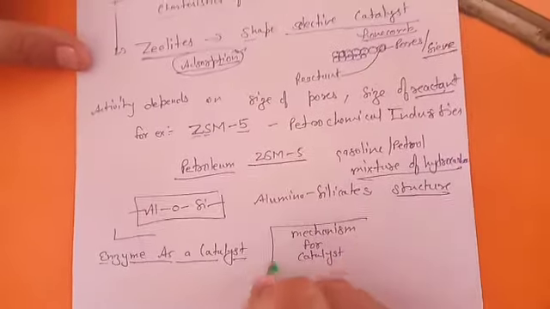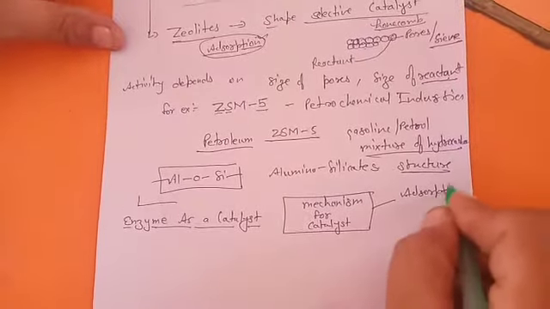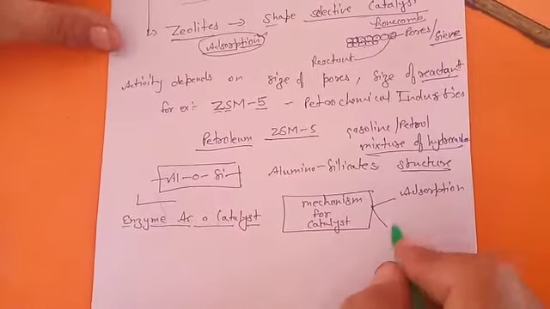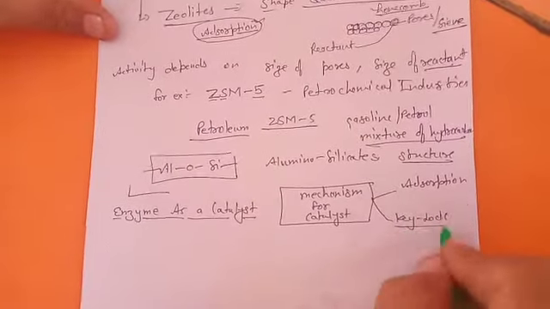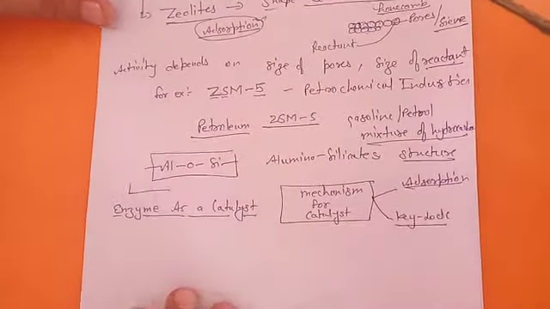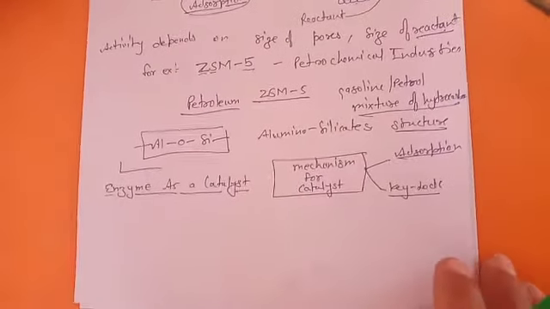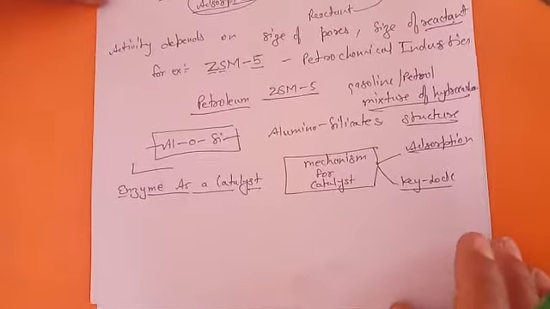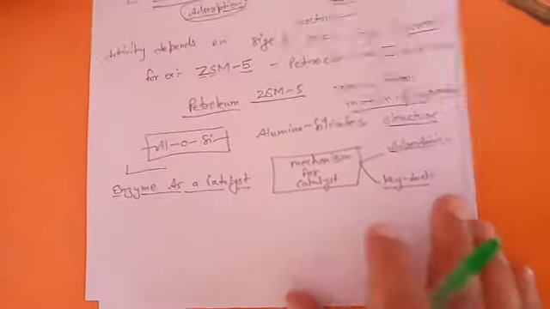One is on the adsorption basis and the other one is key and lock. Both are important, because they are repeated again in different chapters as well, not only in this chapter.